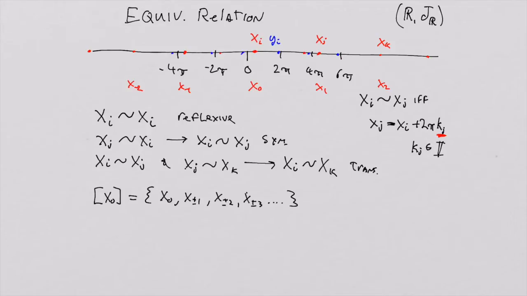Something like that. So every 2 pi, every integer times 2 pi. It's plus 2 pi, plus another 2 pi, plus another 2 pi. So yi will have its own equivalence class, and I call that y0. It won't be the same unless y0 happens to equal x0.